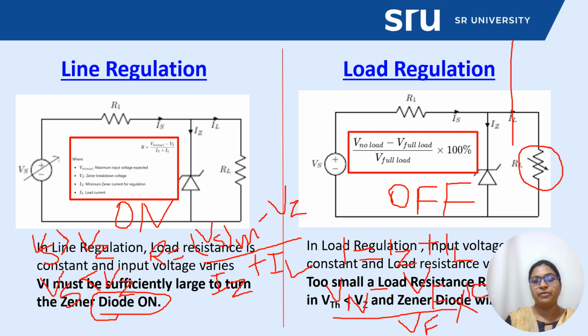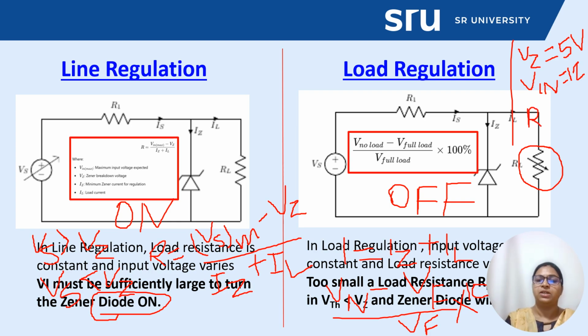Suppose the Zener voltage Vz is equal to 5 volt, and our input voltage Vin is 12 volt, and our load RL changes.